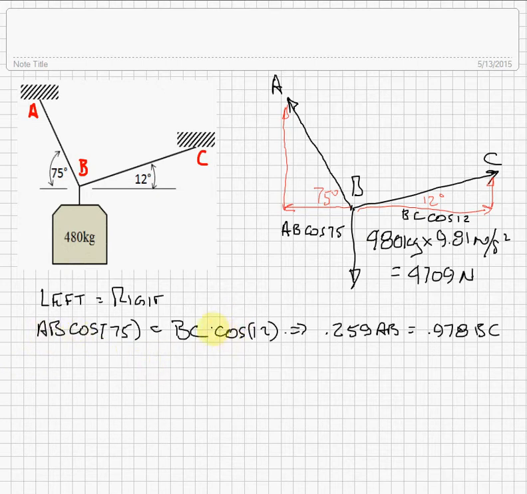Let's now look at the upwards and downwards forces. Well, this is going to be AB sine of 75, and this is going to be BC sine of 12.